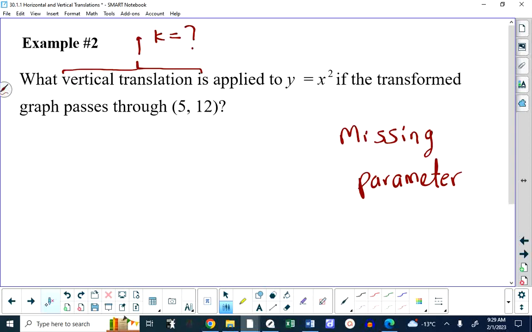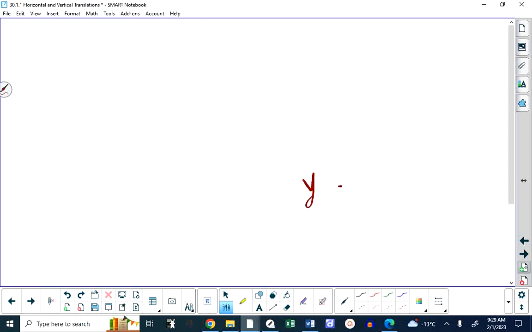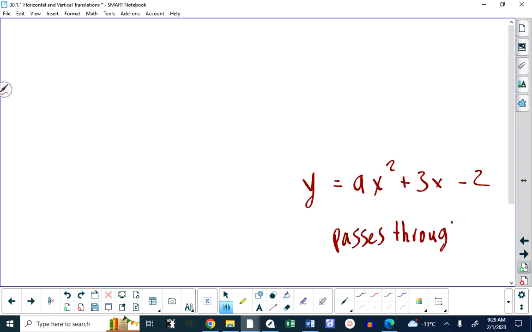So if I said to you, y equals ax squared plus 3x minus 2, this is a missing parameter. This a is a missing parameter. And if I told you that this function passes through a point, I'm going to write this down, passes through, I don't know, 1, 8.